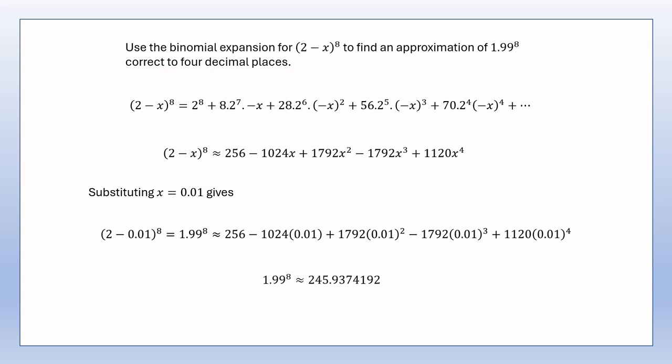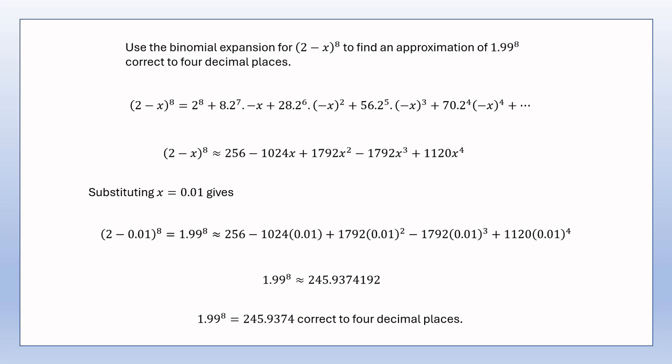And so 1.99^8 is approximately equal to 245.9374192. And so 1.99^8 is approximately equal to 245.9374, correct to 4 decimal places.